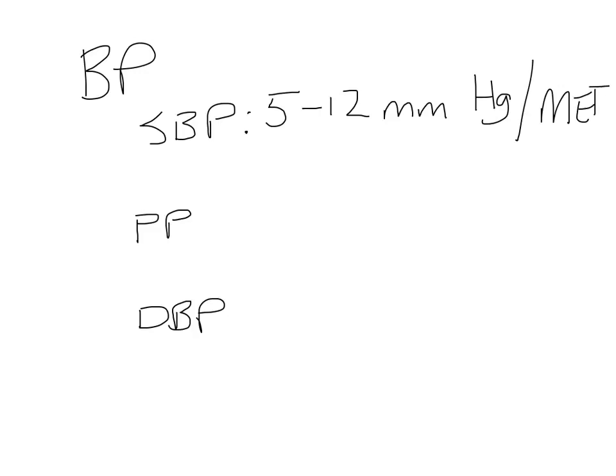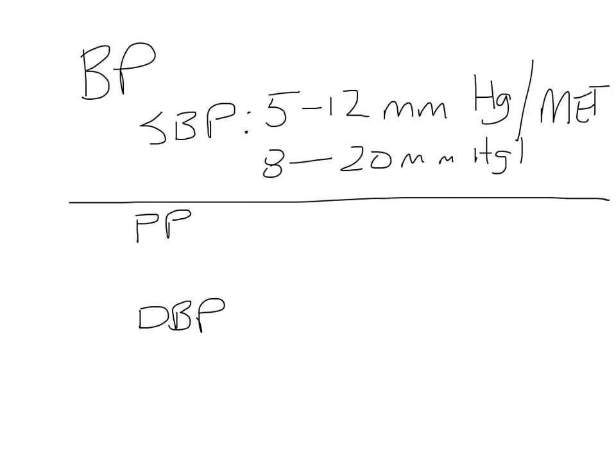So when someone goes from sitting to walking, there should be an 8 to 20 millimeter of mercury increase in systolic blood pressure. That's what there should be.